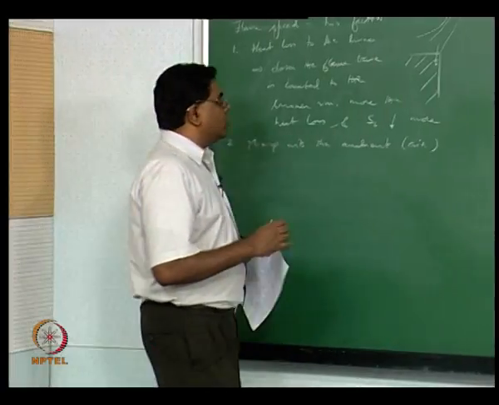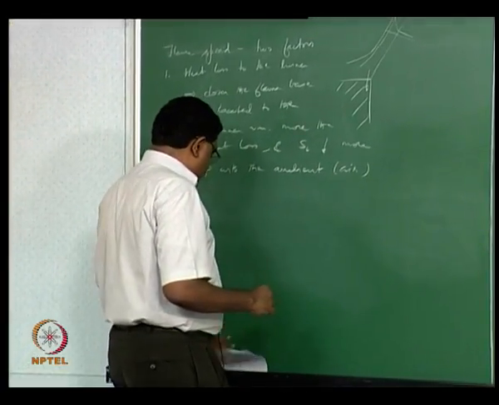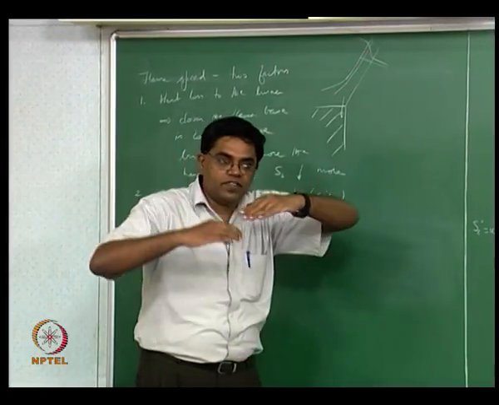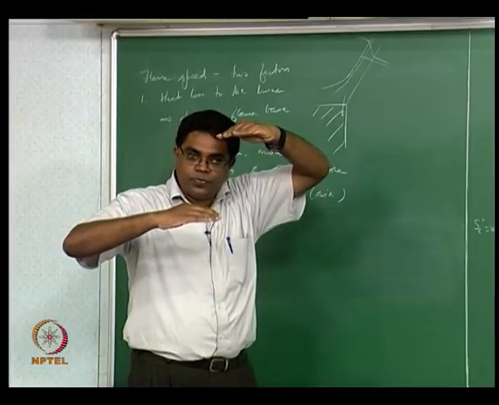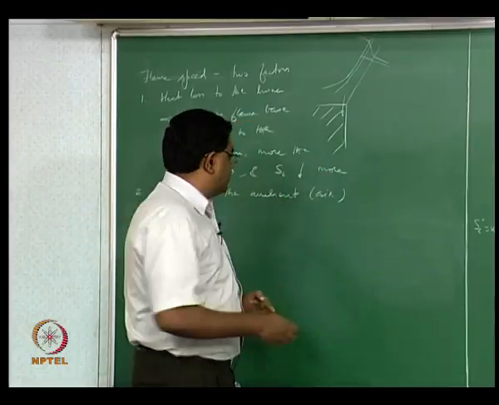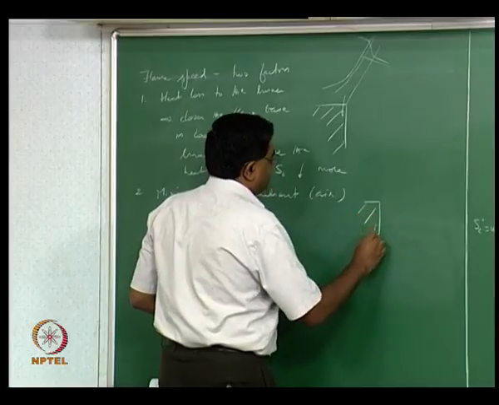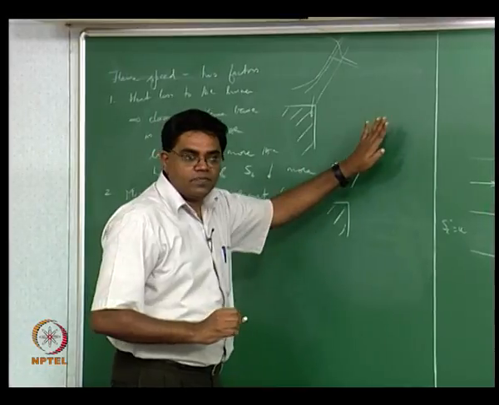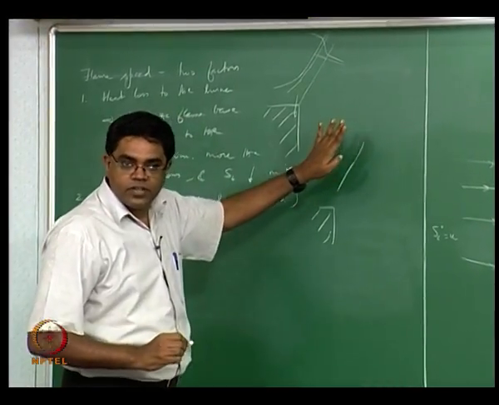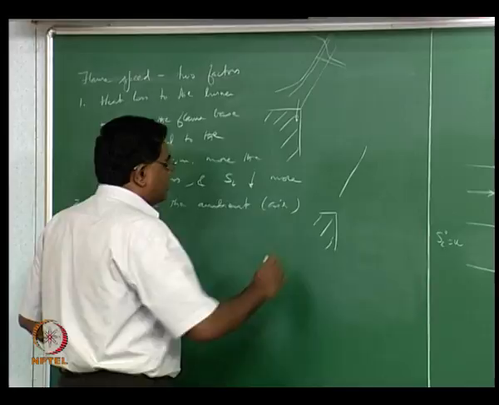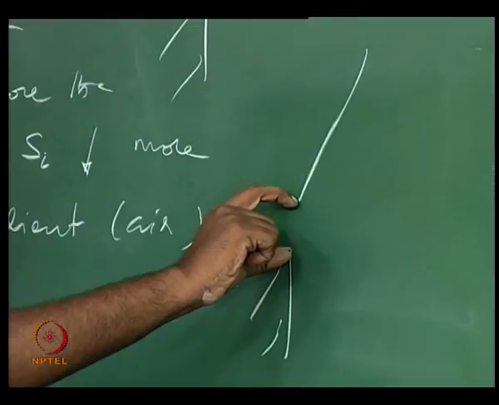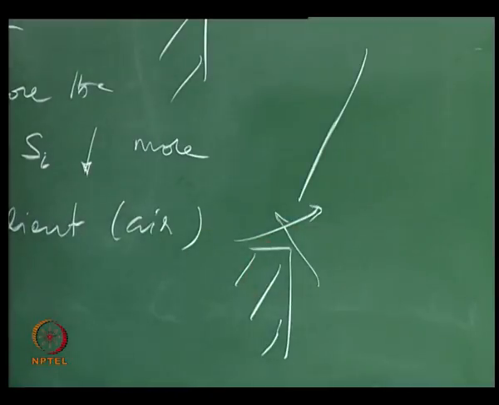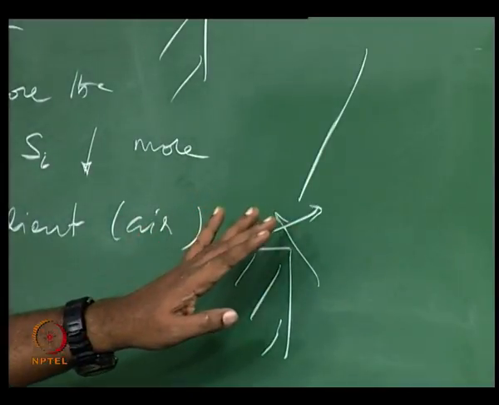Essentially this means you have more and more standoff of the flame. Let's say the flame is now further out. For this purpose it's sufficient to just draw a line to represent the flame. Let's not worry about its thickness. What you're looking at is this distance. The greater this distance, the greater is the mixing of the reactants with the ambient, right?